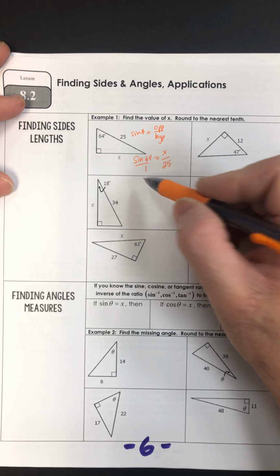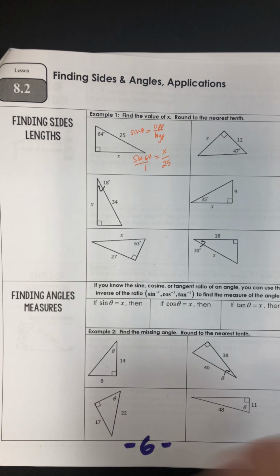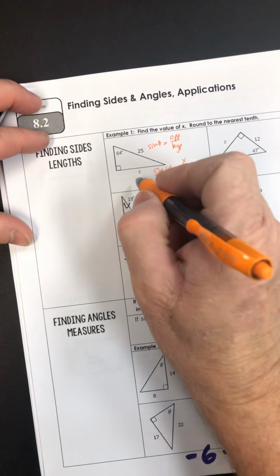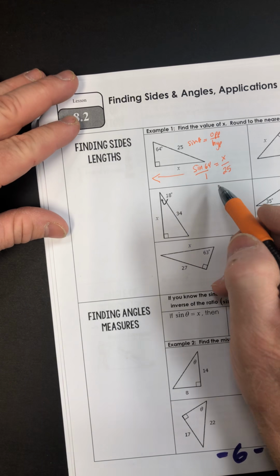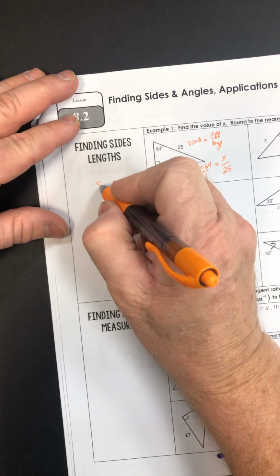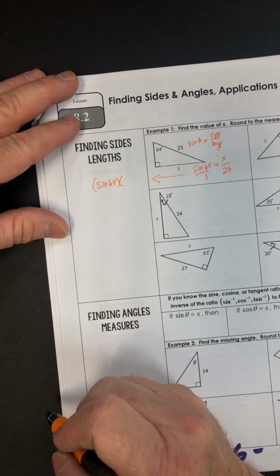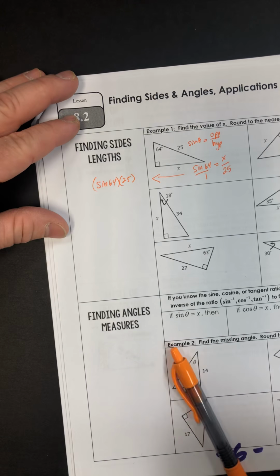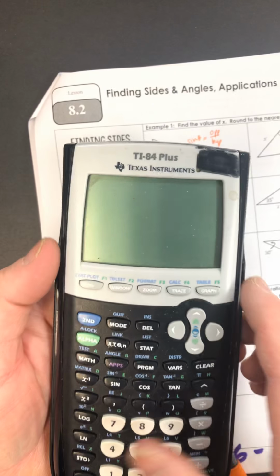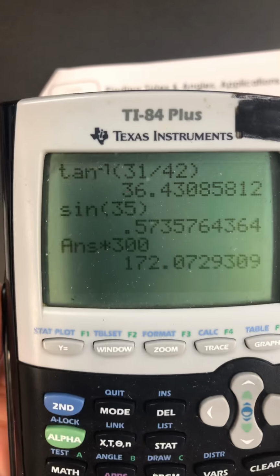Now if we cross multiply, I'll write it over here. We have sine of 64, do that first, then times 25. So on my calculator, let's turn it on here, see if you can see that.